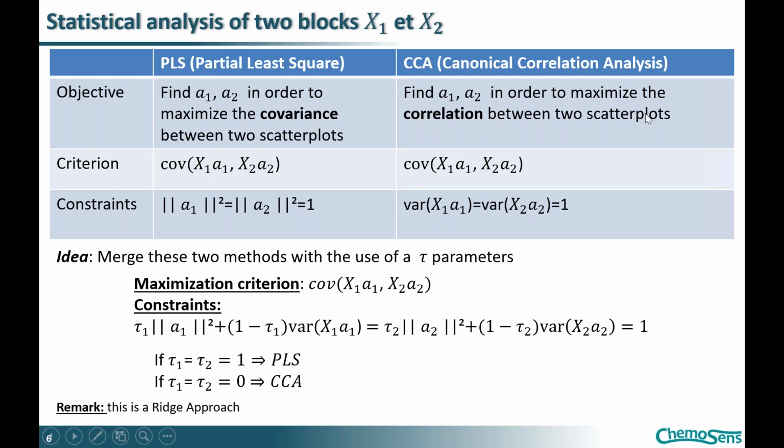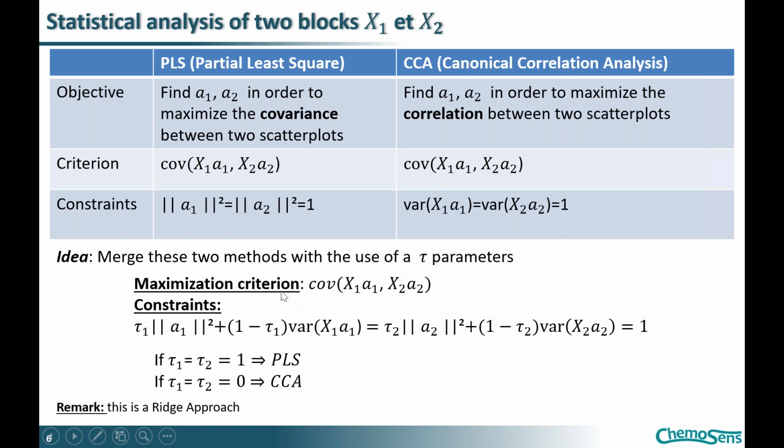In fact, maximizing the correlation could be equivalent to maximizing the covariance with some other constraints here. So you can see that the criterion is the same. As it is the same, the idea would be to merge these 2 methods with the use of a parameter, which is called tau.